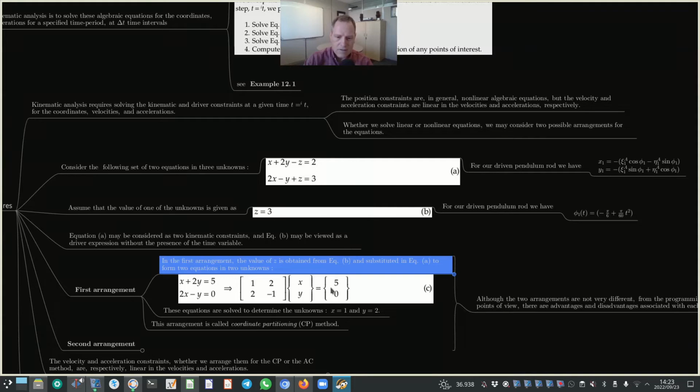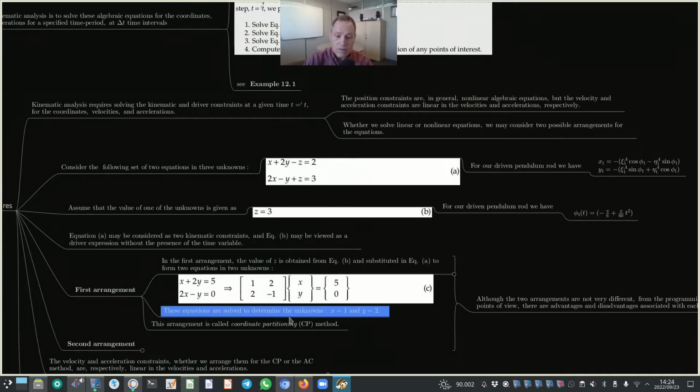You can follow the maths in your own time, but then we end up with equation C. These equations are solved to determine the unknowns x equals 1 and y equals 2. This arrangement is called the coordinate partitioning method, or CP.